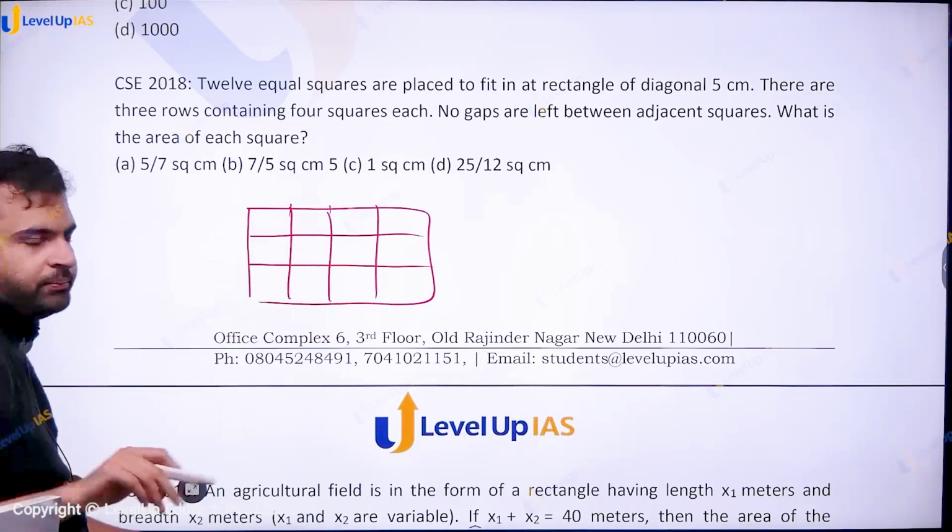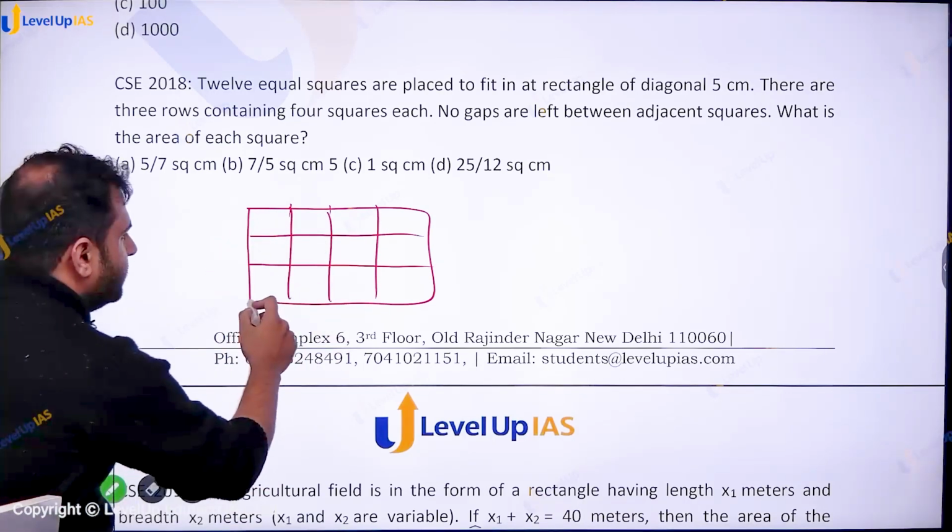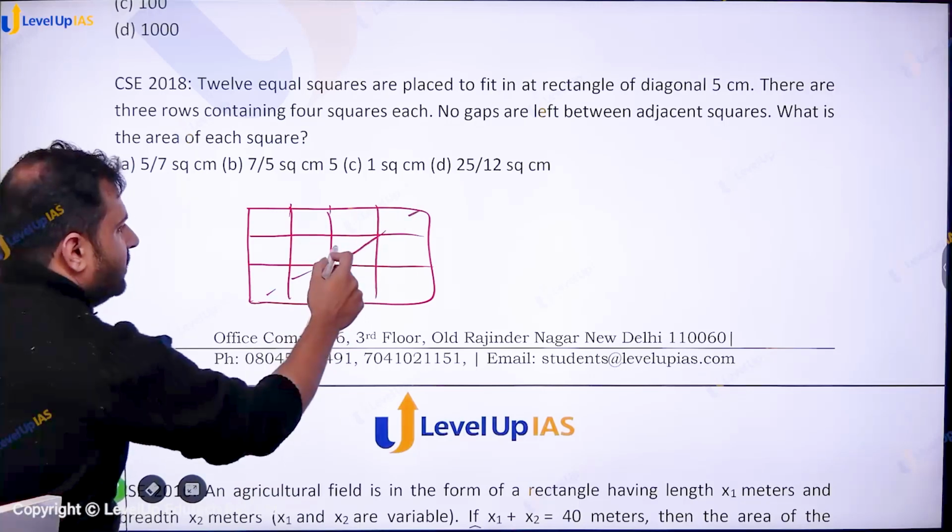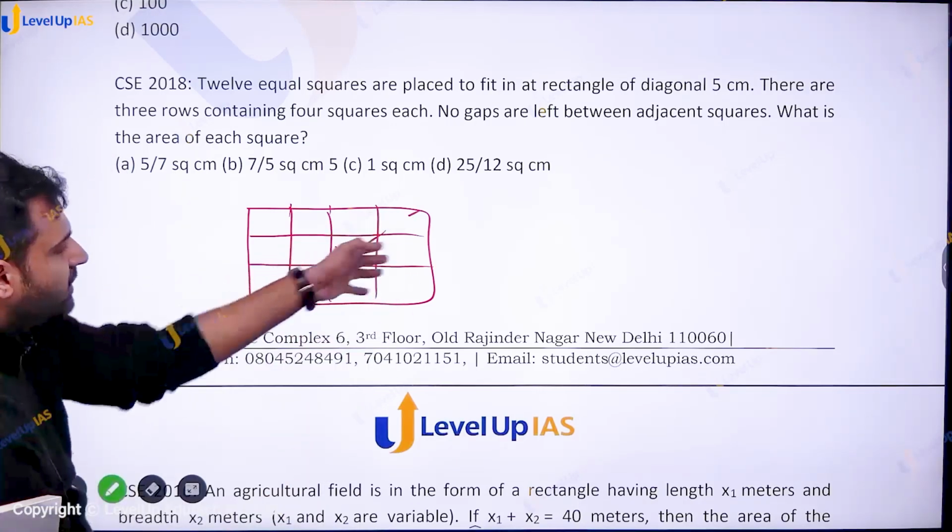All are equal. And you are given this diagonal is 5. Can you say anything about sides?